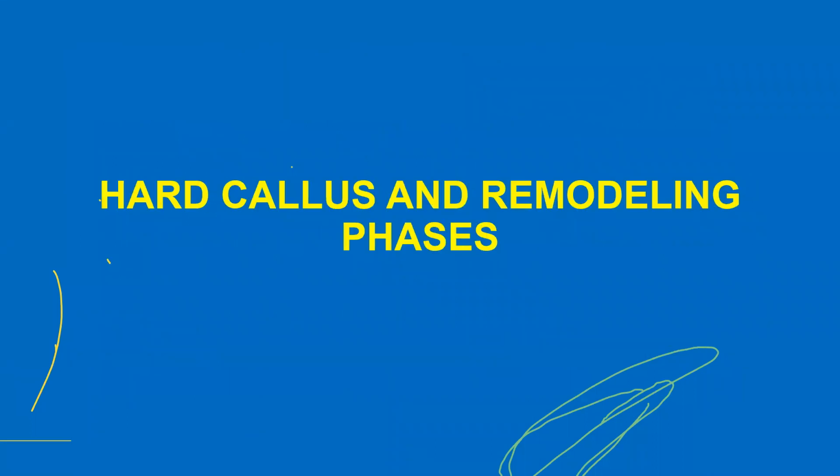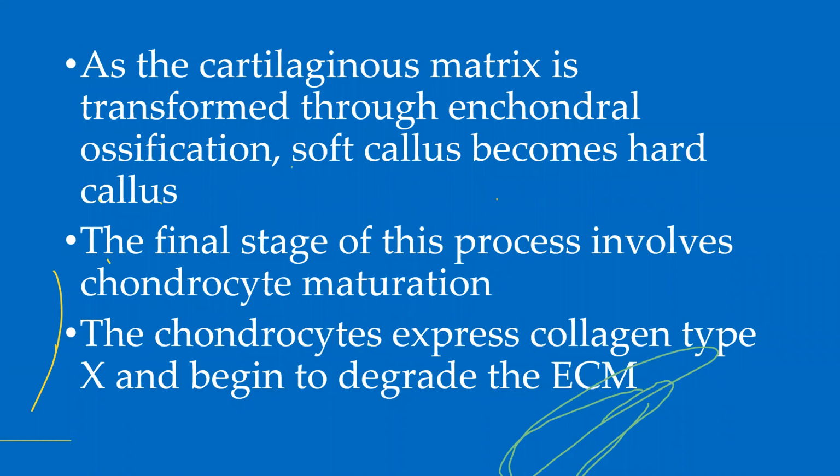The hard callus and remodeling phases are the final stage. As the cartilaginous matrix is transformed through endochondral ossification, the soft callus becomes hard callus. The final stage of this process involves chondrocyte maturation. As I said, they hypertrophy and are replaced by bone.